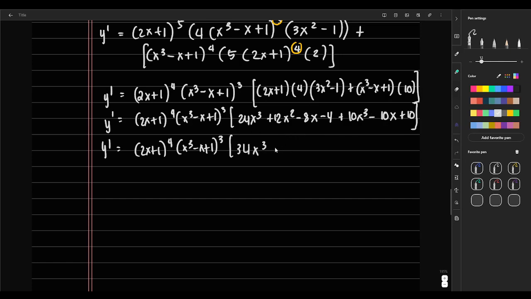Then copy the x squared, and this will be negative 18x plus 6. Okay, so, final answer.